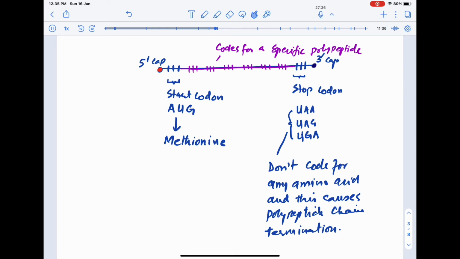And this information copied from the DNA template is complementary to the coded information on the DNA template.